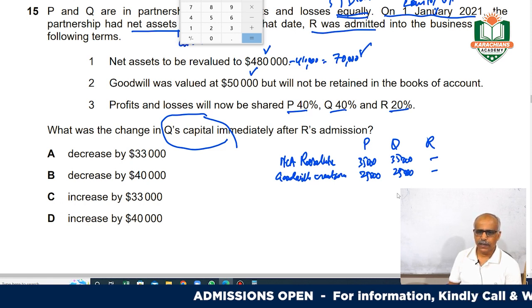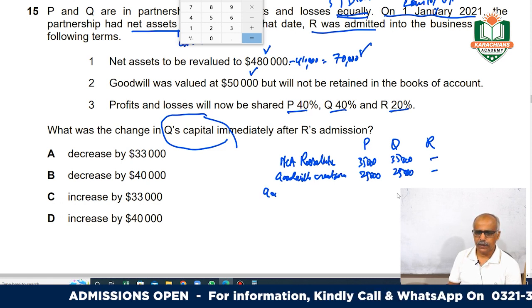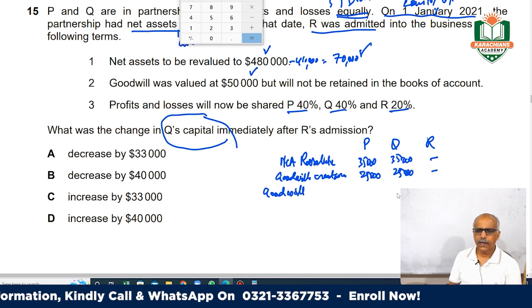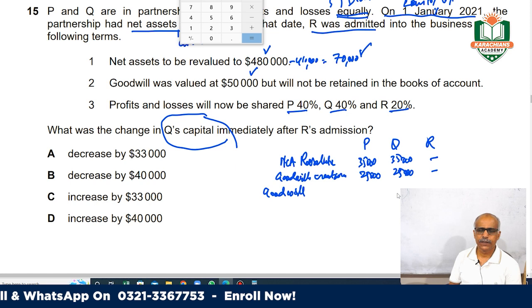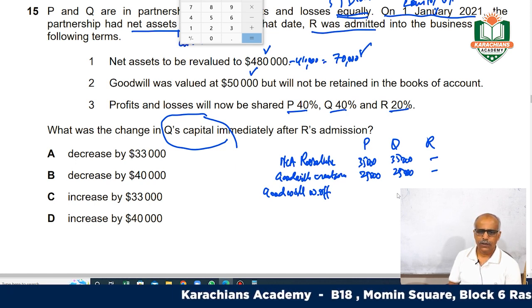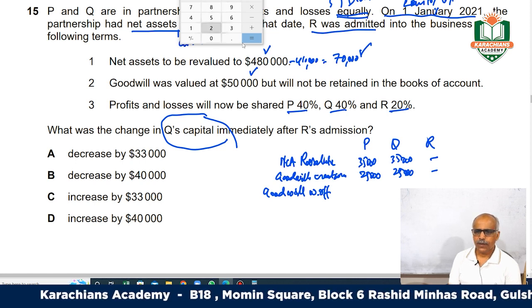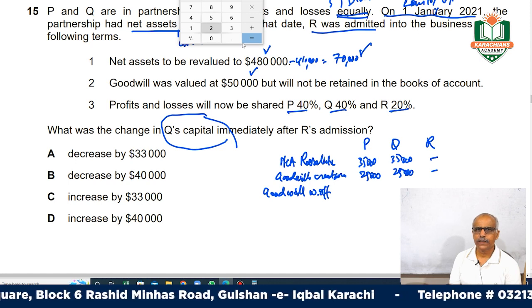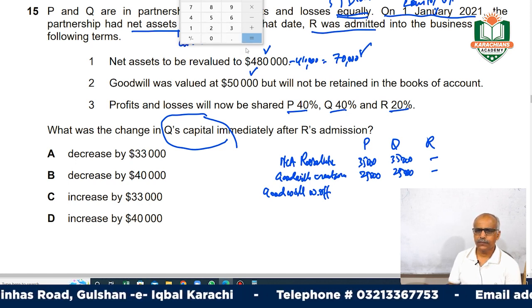And when you write goodwill, ultimately as per IAS requirement, you cannot keep the inherent goodwill in your book, you immediately have to write it off. So we write off this goodwill of 50,000. If you are removing it from your book, it will be on the current ratios, 40, 40, 20.